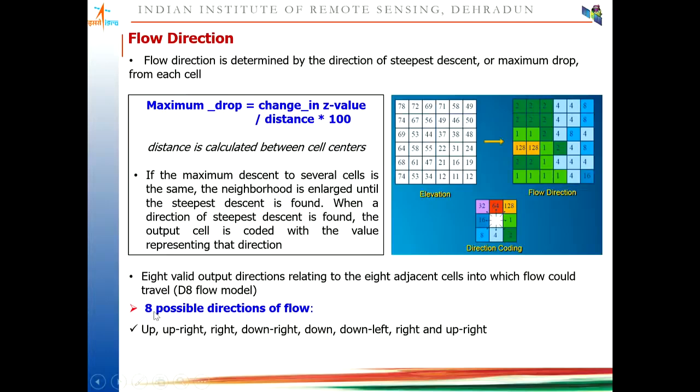In all 8 possible directions, flow will be determined, and it will find where there is the lowest elevation, since water will move from highest to lowest. By that, which pixel it will move to first is coded as 1, 2, 3, and so on, so that you can get the flow direction map.